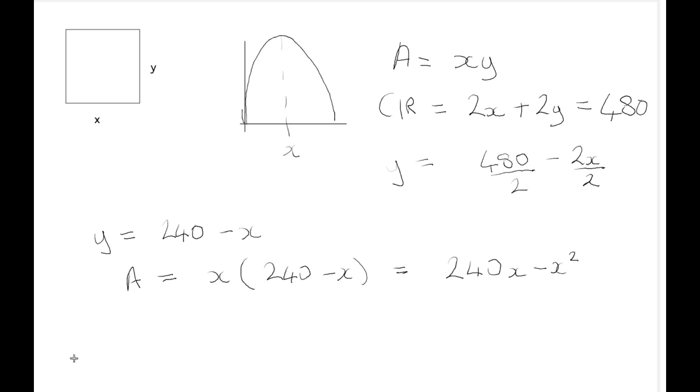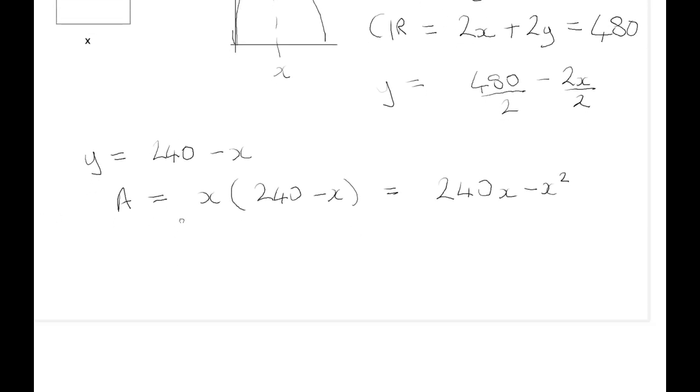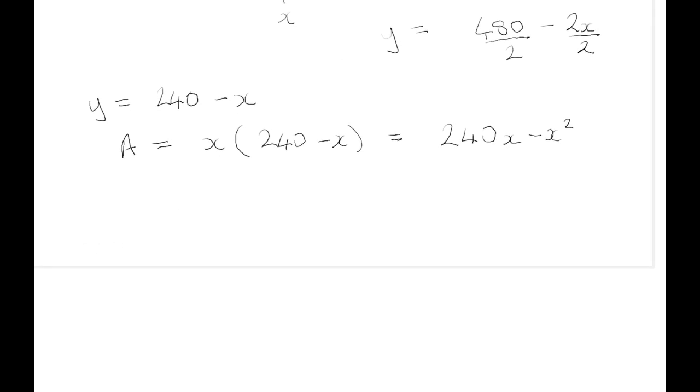Okay, differentiation, I'm just going to shuffle up a little bit here. So changing A over the change in x is going to equal, so 240x differentiated is just 240, then minus 2x.